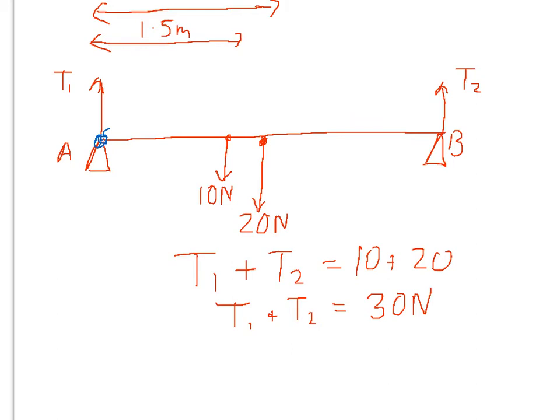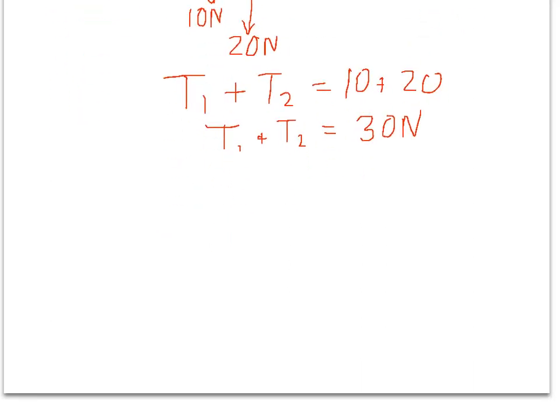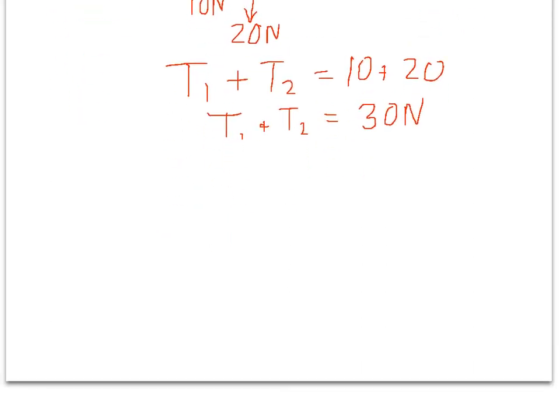So we will eliminate T1. So let's do that. So let's find moments about A. Now, it's important in the exam to let your examiner know that's what you're doing.